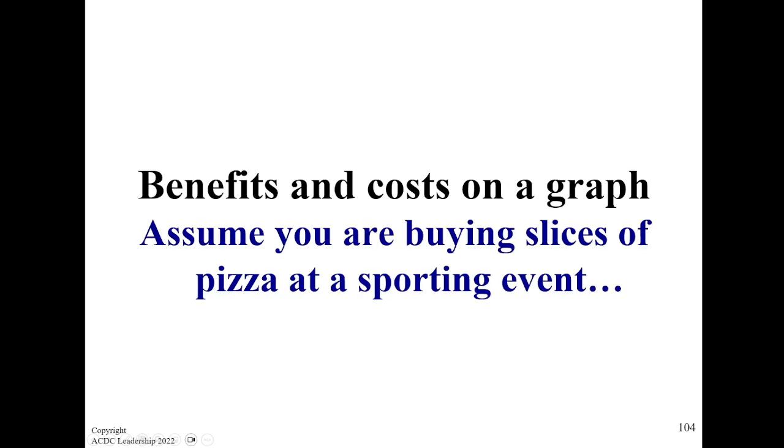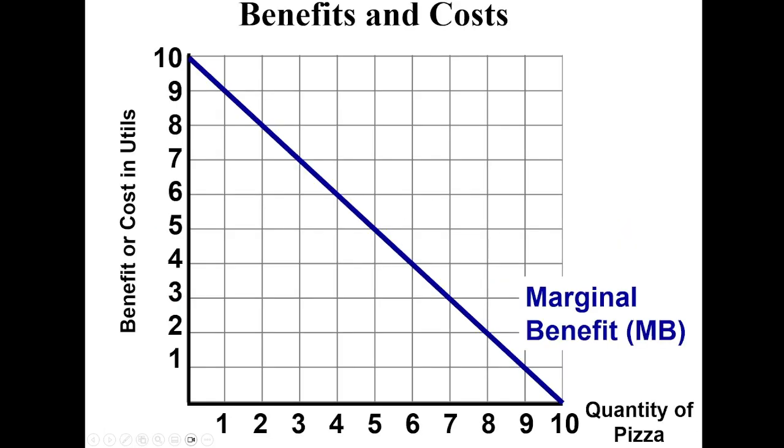So now let's talk about the benefits and costs on a graph. Assume that we're buying slices of pizza at a sporting event. This is our marginal benefit graph, with the benefit or cost in units and the quantity of pizza. We'll look at this later when we get to Unit 3 once again.